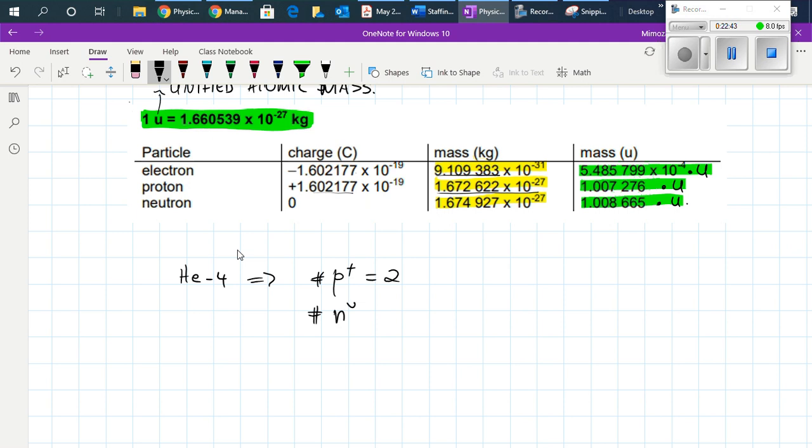The number of neutrons will be 4 minus 2, which is equal to 2.